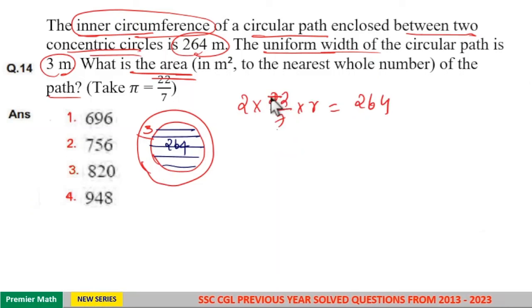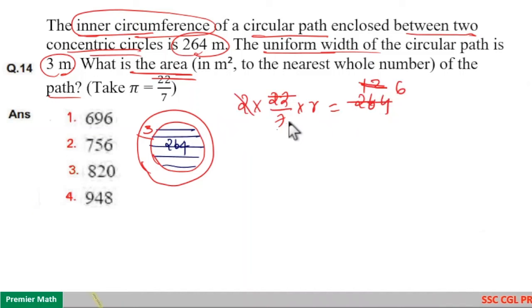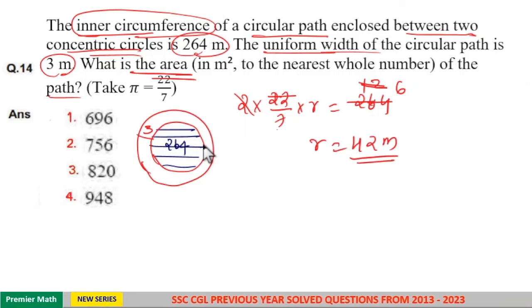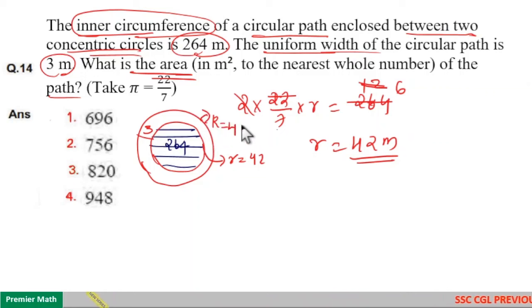Now 22 goes 1 time in 26, 2 times in 44 and 2 goes 6 times in 12. Now you can see r is equal to 7 into 6, 42 meter. If small r, that is this radius of the small circle is 42, then radius of this large circle is 42 plus 3, 45.